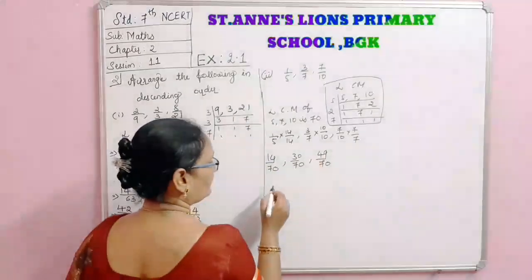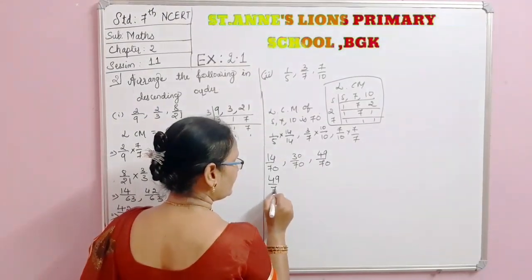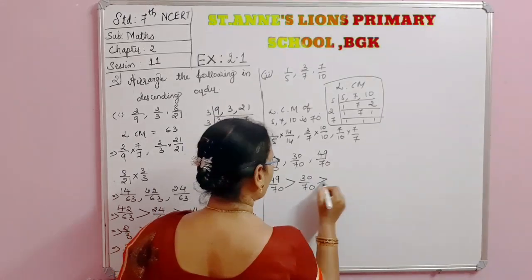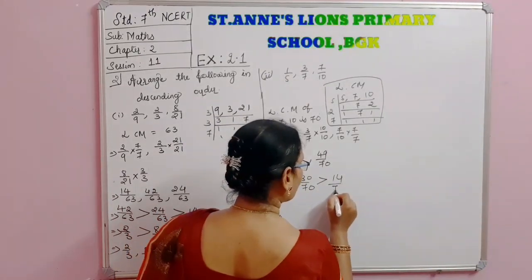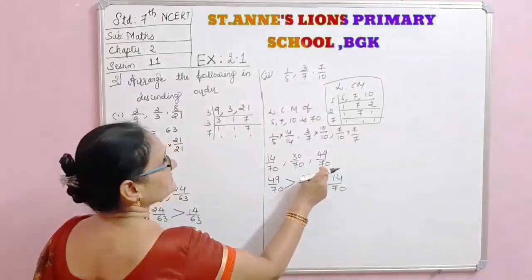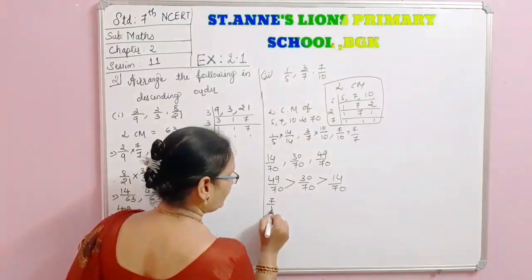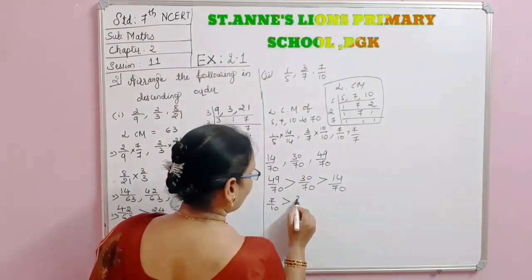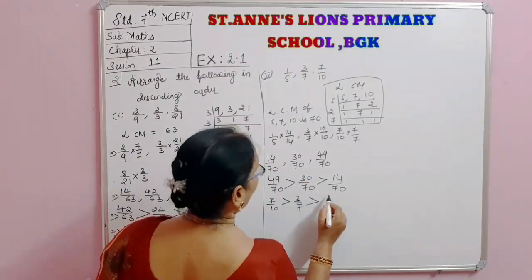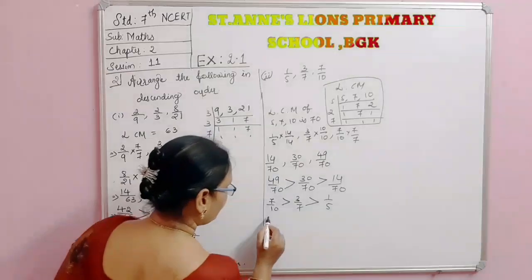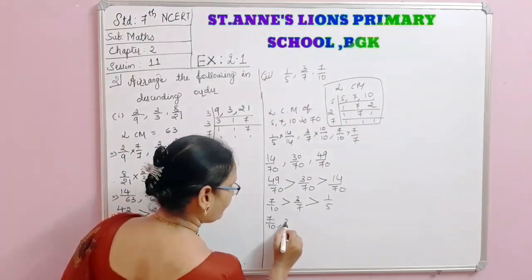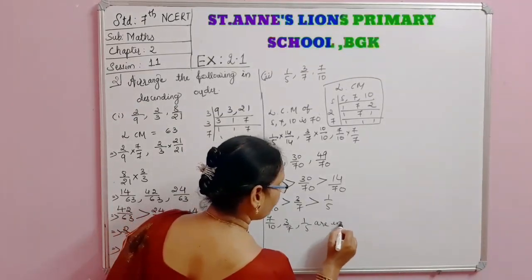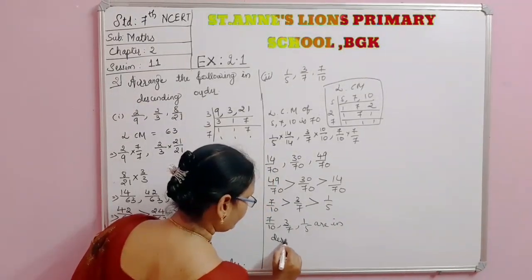Which is greater here? 49 by 70 is greater than 30 by 70 is greater than 14 by 70. 49 means which one? 7 by 10 is greater than 3 by 7 is greater than 1 by 5. That means 7 by 10, 3 by 7, 1 by 5 are in descending order.